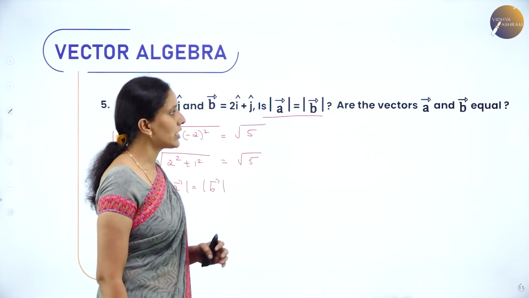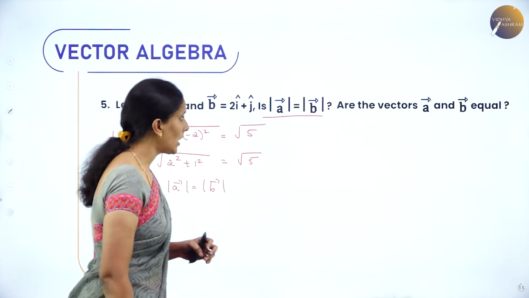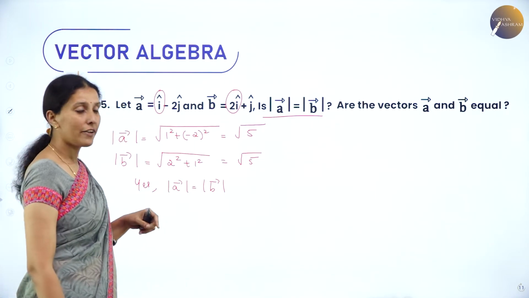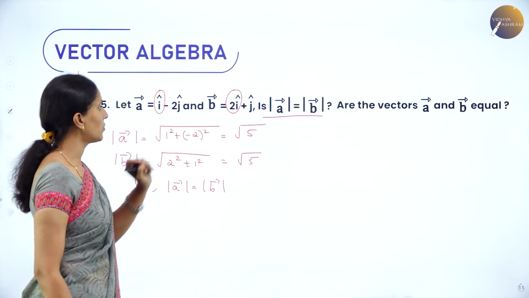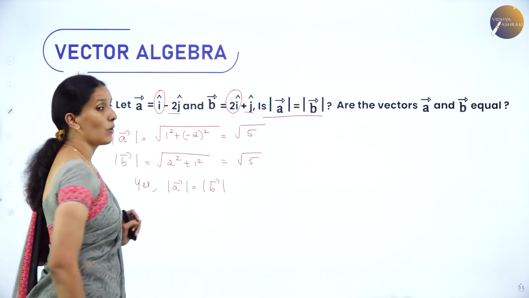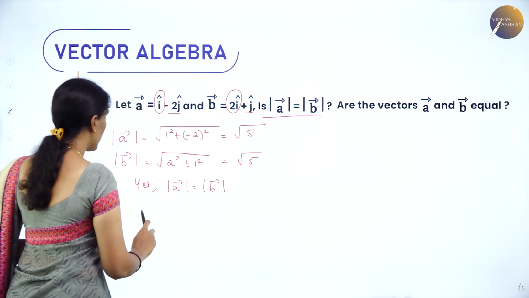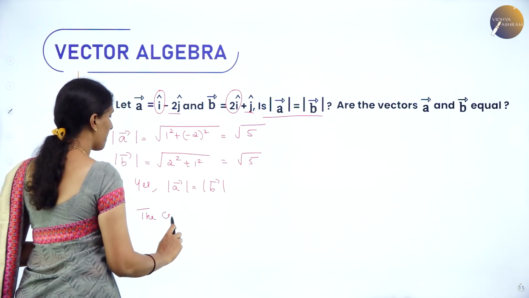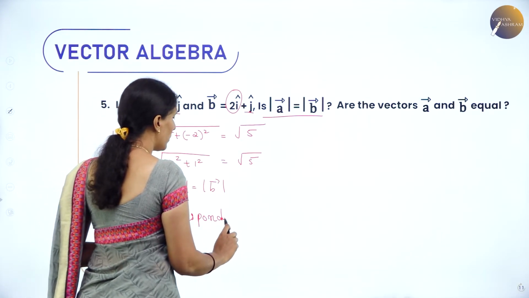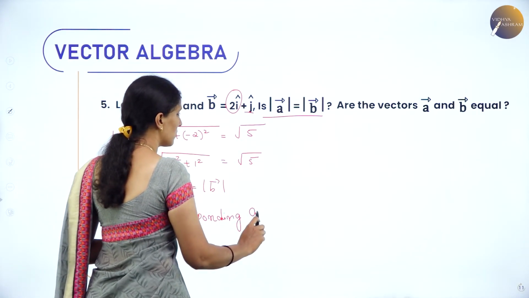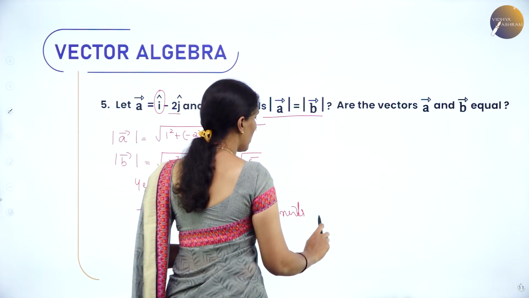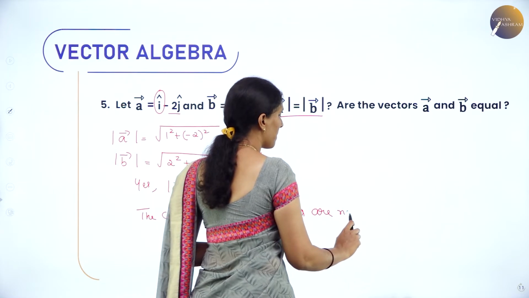Now the second question is, are vectors A and B equal? Look at the i component here. It is different. Here it is 1 and here it is 2. Look at the j component here. It is minus 2 and it is 1 here. So therefore, the corresponding components are not equal.